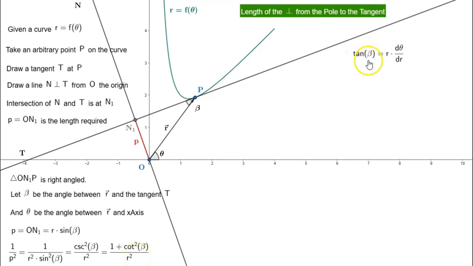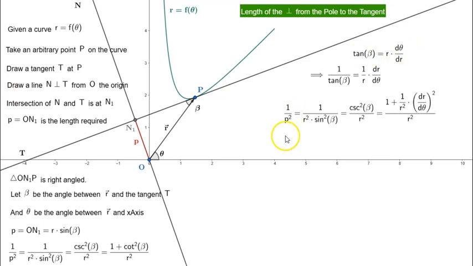We also know tan beta is equal to r times d theta by dr, which implies 1 by tan beta is equal to 1 by r times dr by d theta. So we have taken the reciprocal on both sides. 1 by p squared equal to, remember we had (1 plus cot squared beta) by r squared.